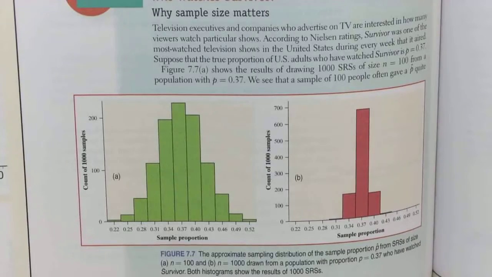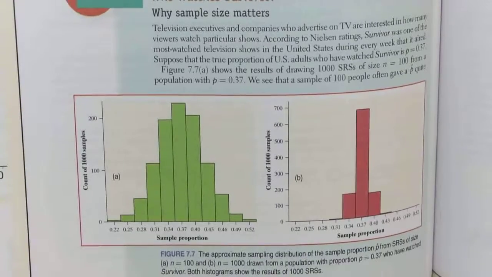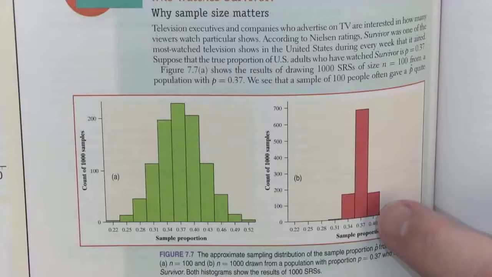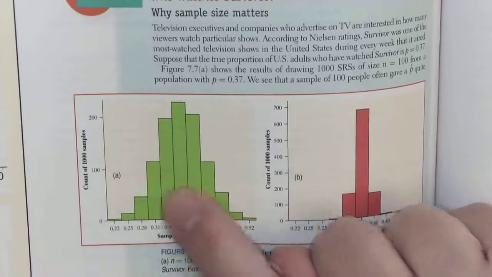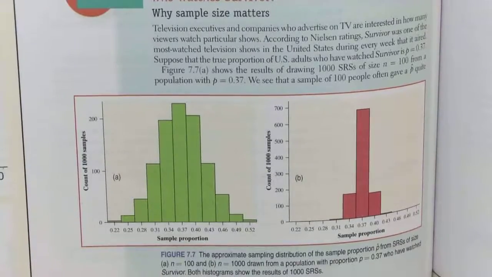We can see that the spread of figure 7.7B, this red one, is much less than that of figure 7.7A. So the spread is much more narrow. With samples of size 100, the values of p-hat can vary from 0.22 to 0.535, so quite a distance.